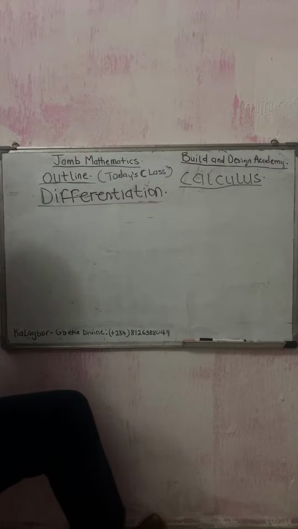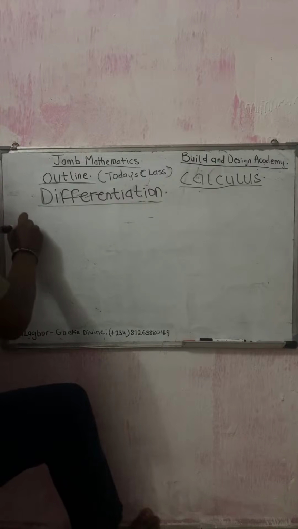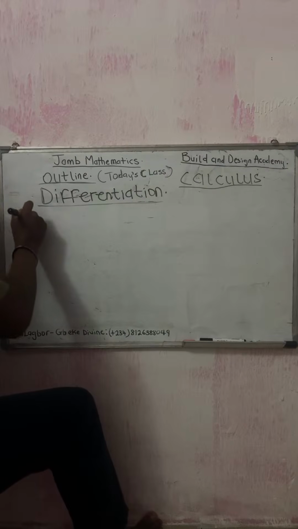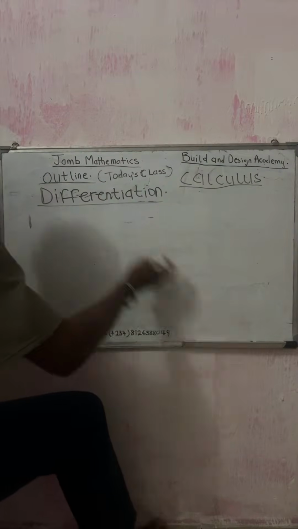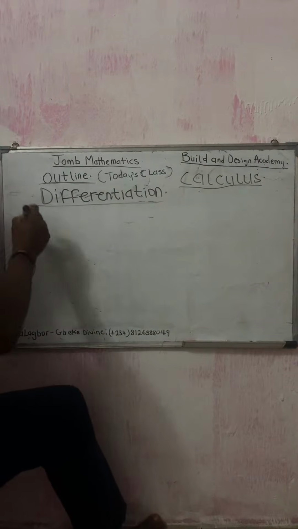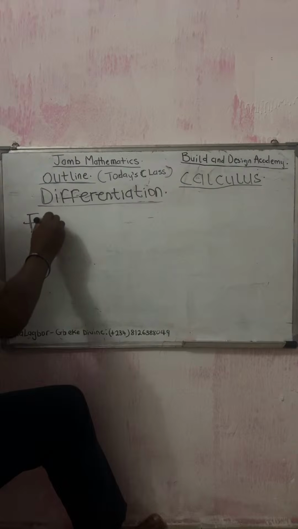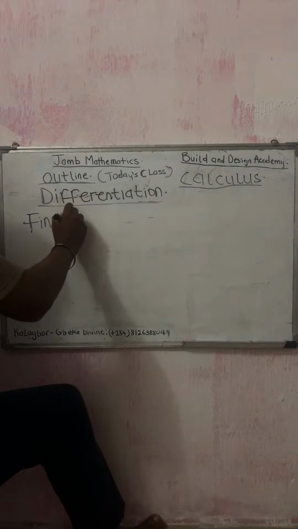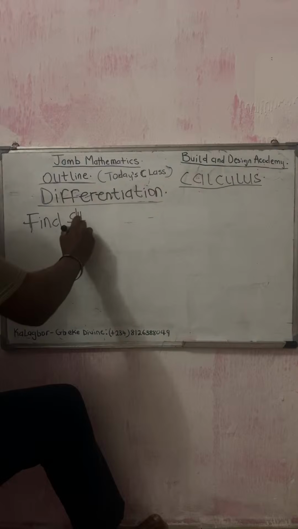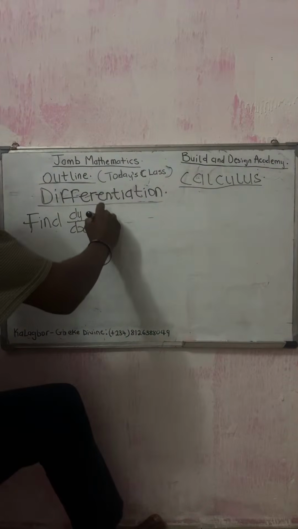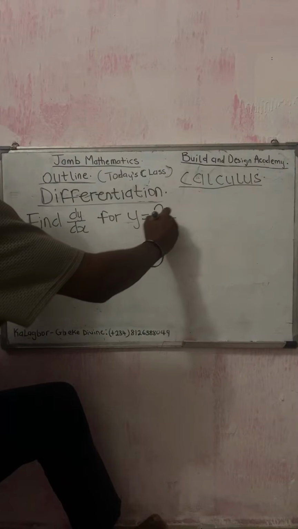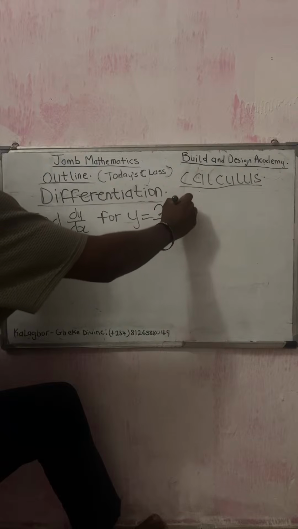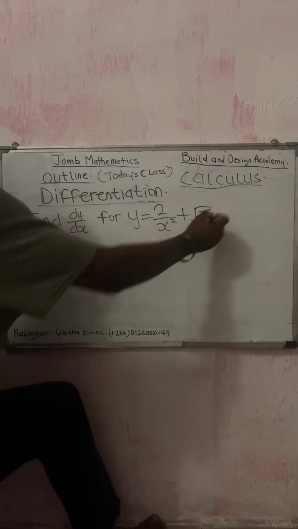Alright, let's proceed. If they give us a question like this, find dy over dx for y equals 2 over x squared plus root x.